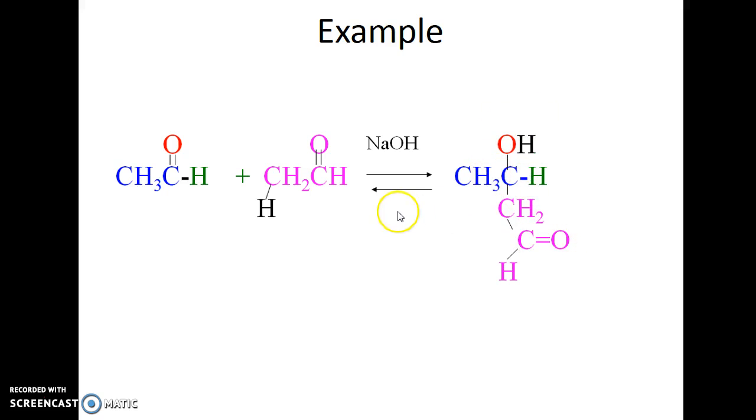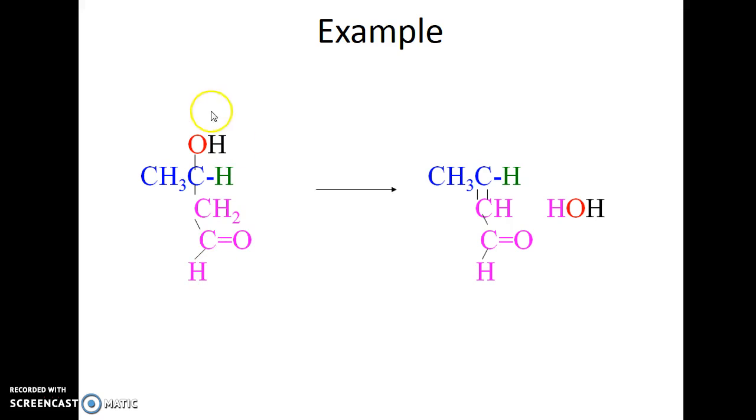Notice, we're going to go through the mechanism, but this carbon basically is attached to this carbon now. Do you see that? And this alcohol group was from this carbonyl. It's just that this proton came off, this did nucleophilic attack, and then the proton protonated the alkoxide.